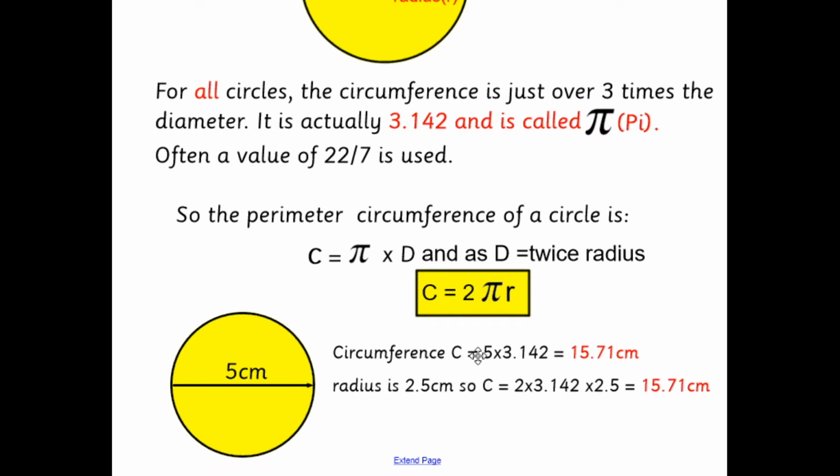The circumference is 5 times pi, which is 15.71, or it's 2 pi r, which is 2 times pi times 2.5, which is again 15.71. Now, I usually point out to Ruby, it's very important to put the units down. It's no good putting down 15.71, because it could be 15.71 meters, miles, anything. Put down the units every time. That's what I remind you to do.